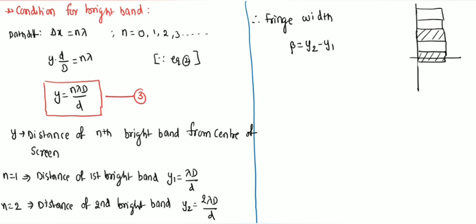You see here, this is the first bright one. Also, on both sides bright and dark bands will be there.